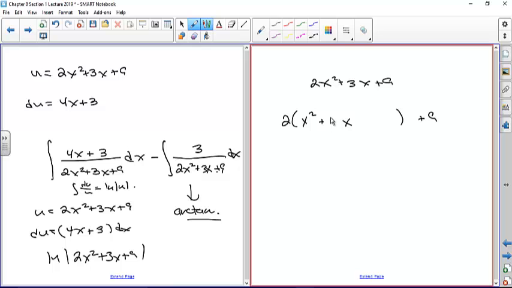Okay, so you factor out the 2, so you get 3 halves. So what we do is we take 3 halves, divide by 2, square that. So that's 3/4 squared, which is 9/16. So I add 9/16.